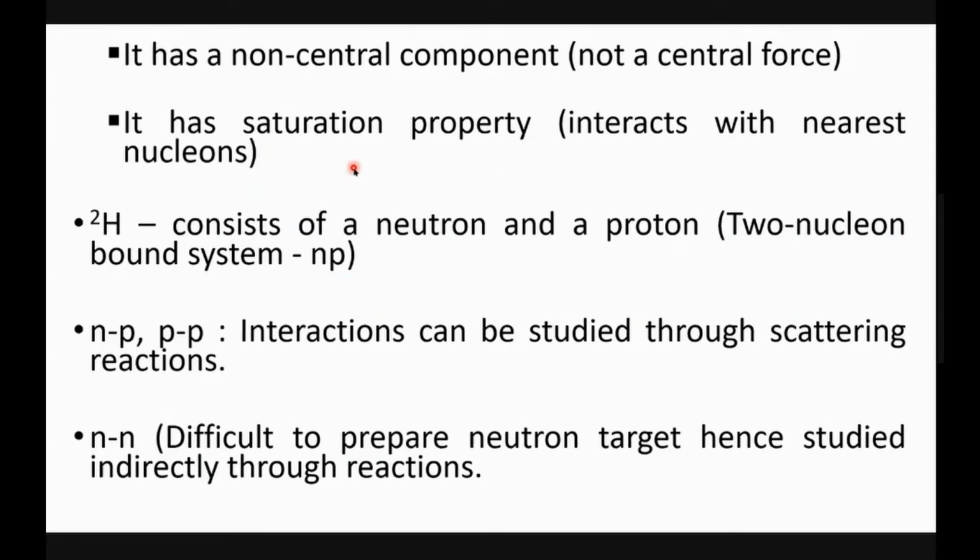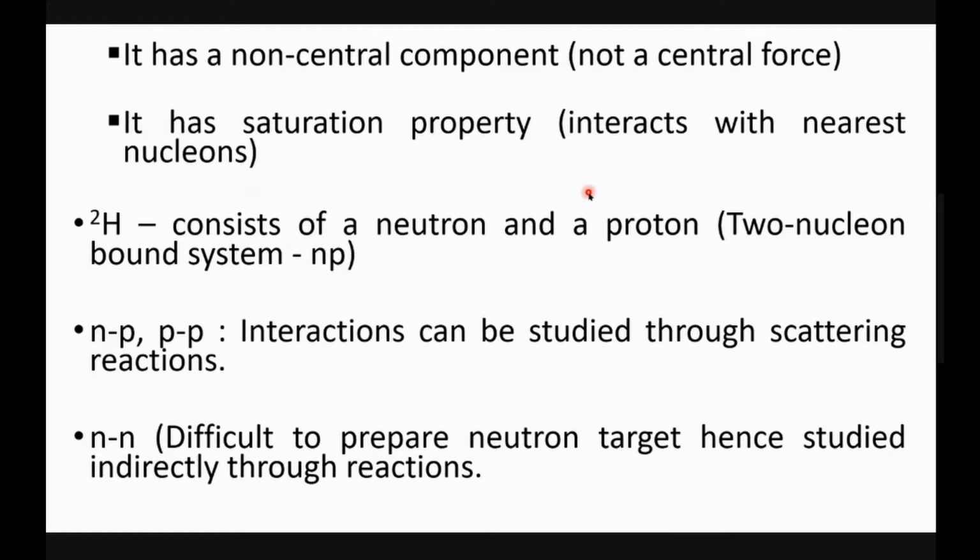In order to understand the nuclear force, or the strong binding between nucleons inside a nucleus, or the mutual interaction between neutrons and protons, we need a system which would reveal some of these properties which we have enumerated.